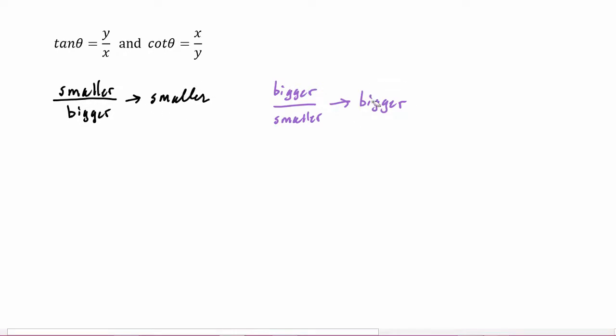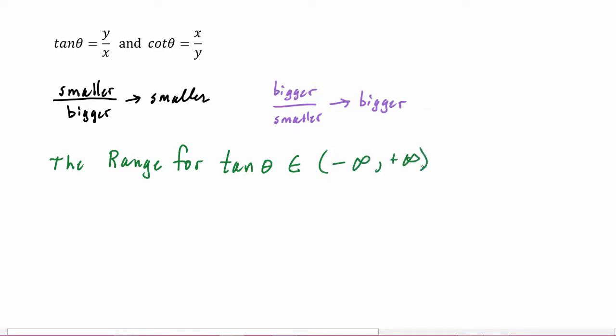In other words, these rational numbers, which is what y over x is, or x over y, same argument for x over y, they can be anything. So the ranges for tangent and cotangent are all possible values, all real numbers. So the range for tangent theta is that it will be contained in negative infinity to positive infinity, and the same for cotangent theta.